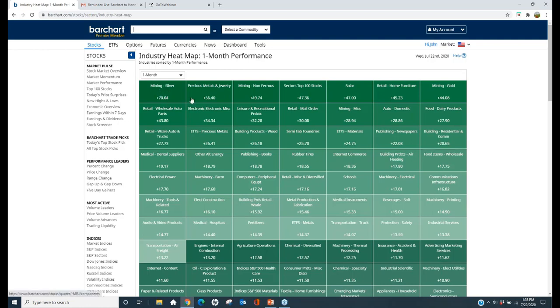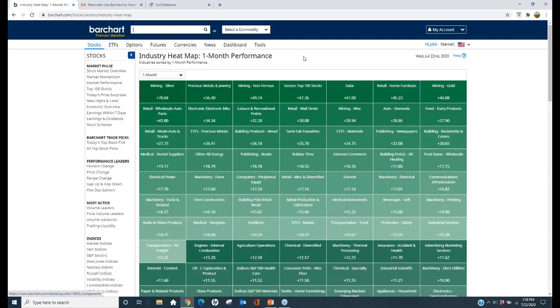Not only silver stocks, but jewelry, non-ferrous mining, mining gold. These stocks have been outperforming the market for almost a month now. And this is that correlation that I want to find, right? I'm going to be doing my exercise every day. I'm going to be noticing those sectors or stocks that are outperforming the market on a day-to-day basis. And I would have already been in these markets clearly a month ago.